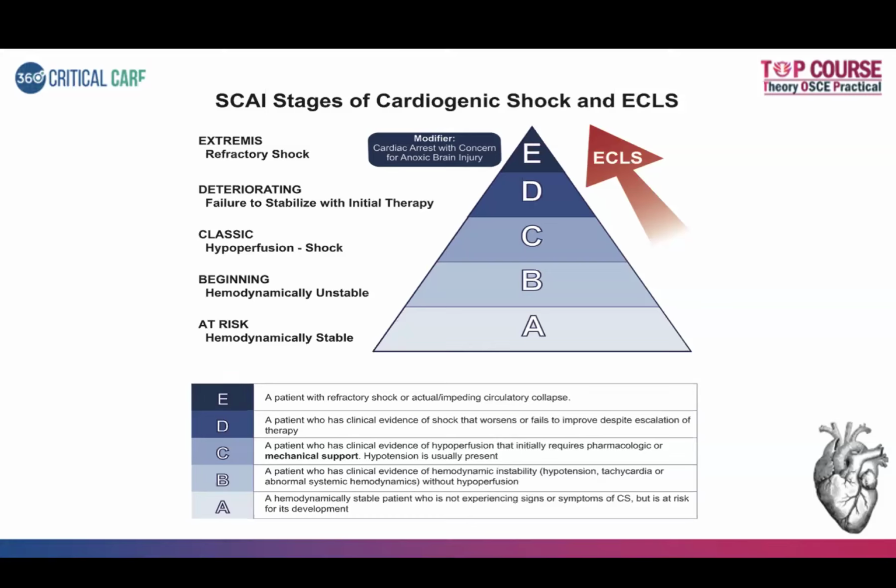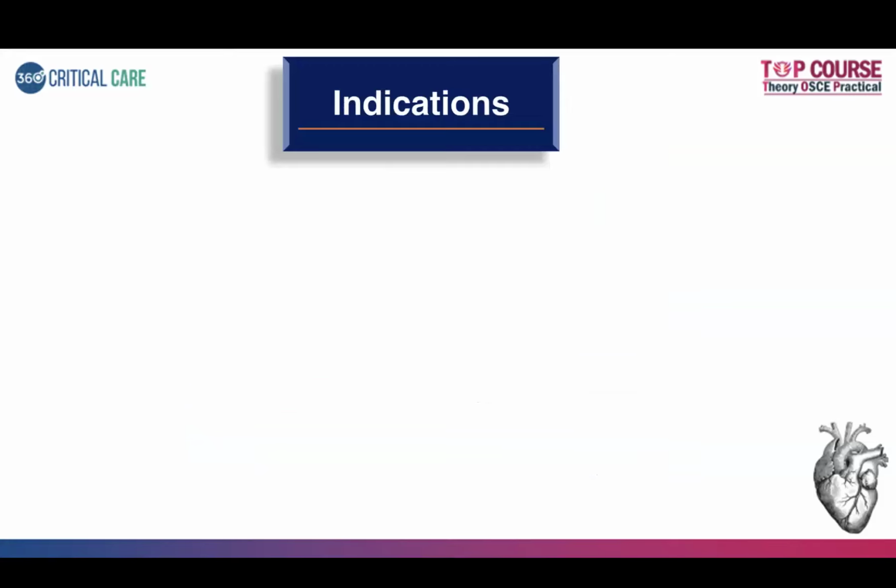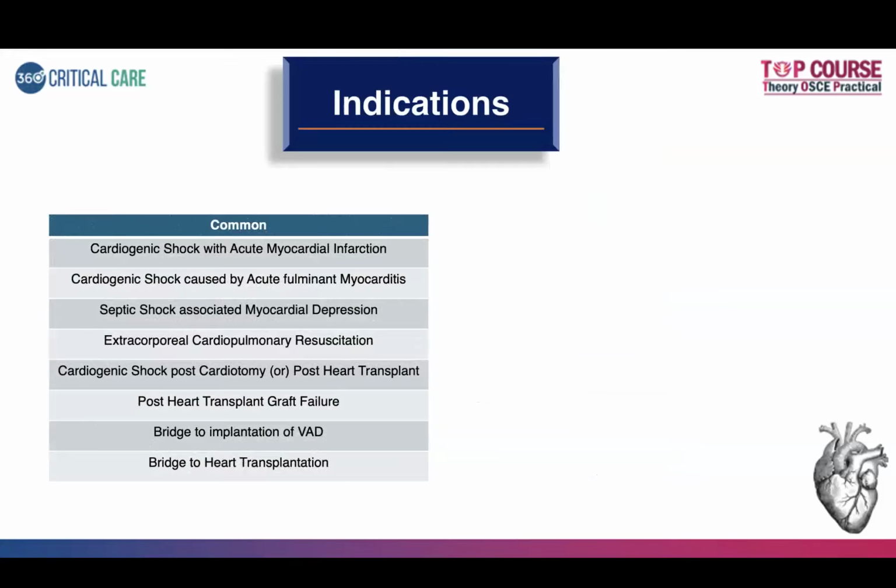that is A, B, C, D, and E. So coming to the indications, the commonest indications for ECMO are patients with acute myocardial infarction with cardiogenic shock, acute fulminant myocarditis causing cardiogenic shock, septic shock associated myocardial depression, extracorporeal cardiopulmonary resuscitation, that's ECPR, cardiogenic shock post cardiotomy or post heart transplant graft failure, bridge to implantation of valves, and bridge to heart transplantation.